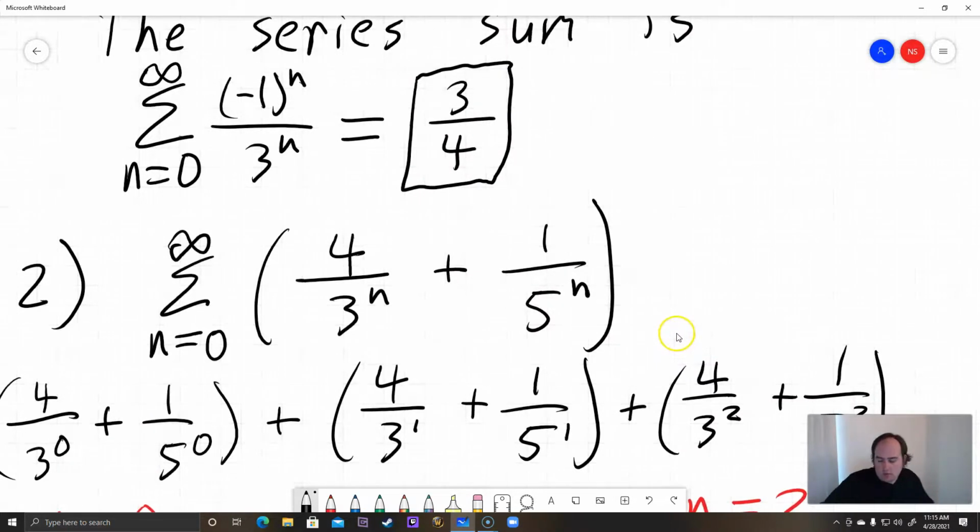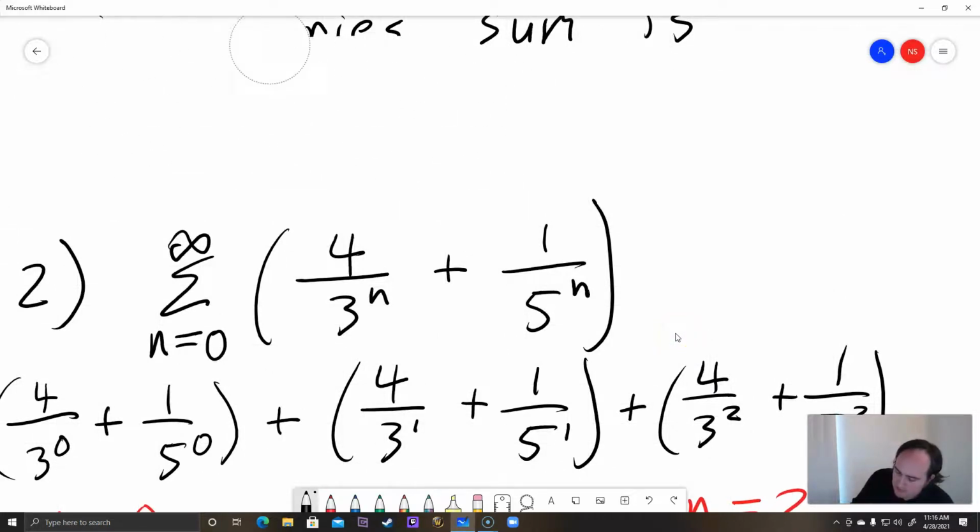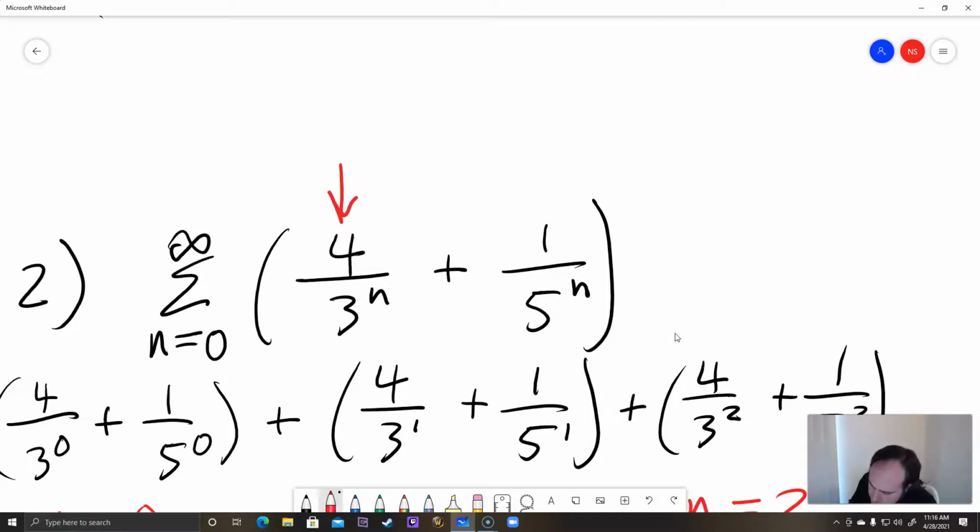What we're going to need to do here is, let me erase all this. Because we're learning about geometric series here, and these look like geometric series, our goal is to write each of them in the form sum of a times r to the n.